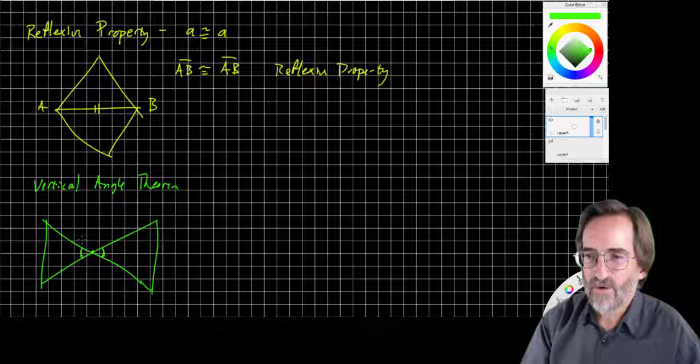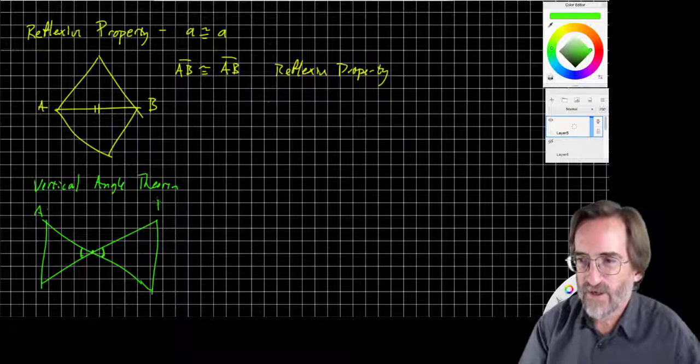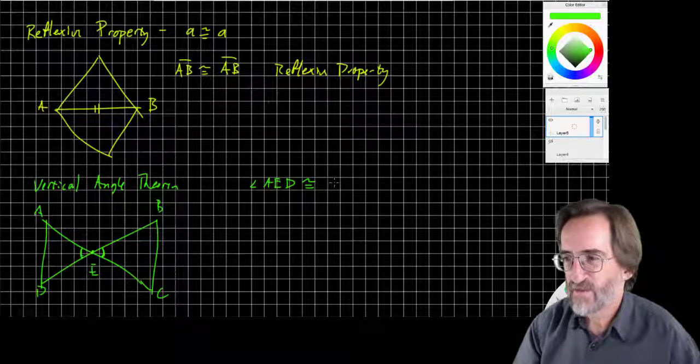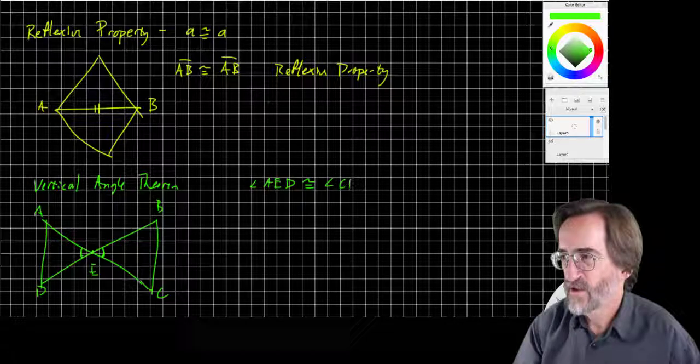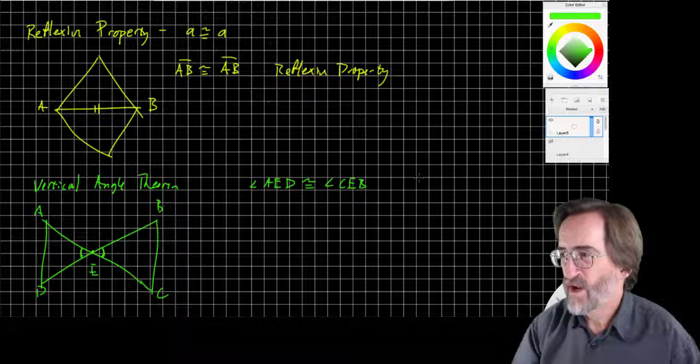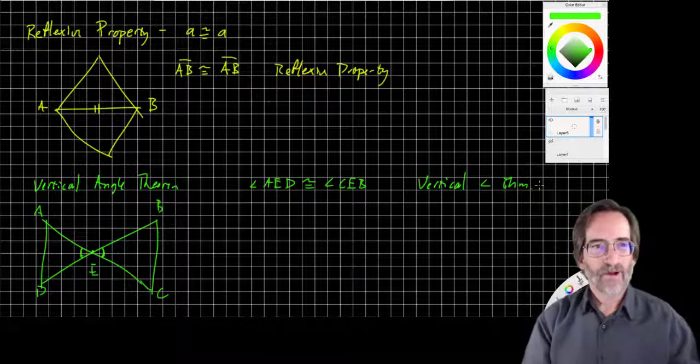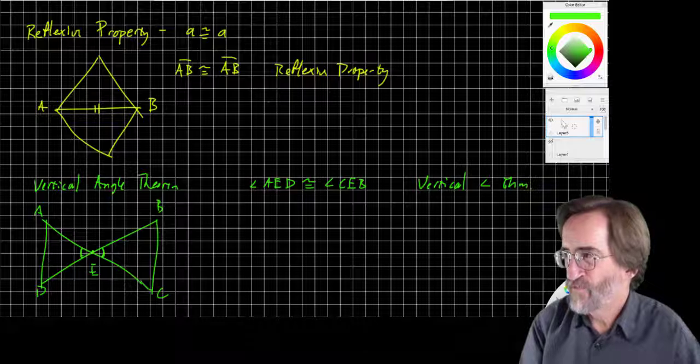Then they are congruent, and we would say if this is A, B, C, D, E, we would say angle AED is congruent to angle CEB by the vertical angle theorem. Don't just say vertical angles. Vertical angle theorem.